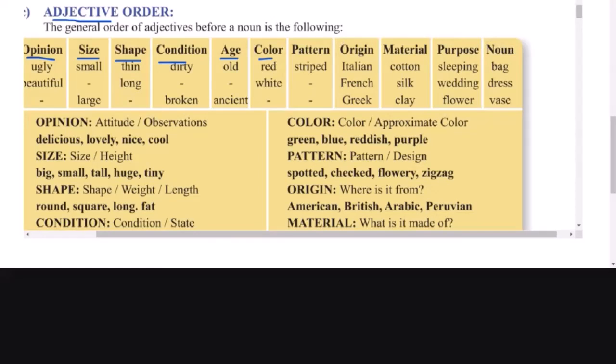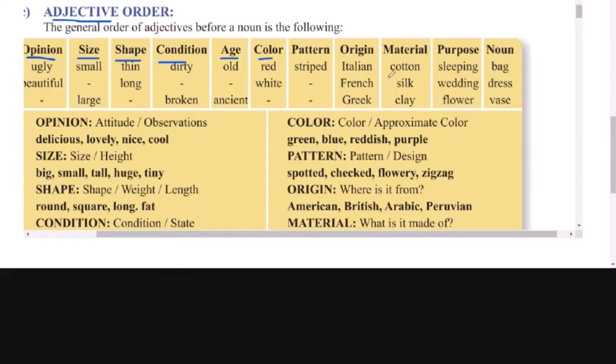We usually put 3 or 4 maximum. If we put more, we should make another sentence. But in this case, it says the ugly, small, thin, dirty, old, red, striped Italian cotton sleeping bag. And yes, it makes a good description, but normally it's too many together in one sentence. But yes, maybe to make a joke or for emphasis or something, it could be, right?